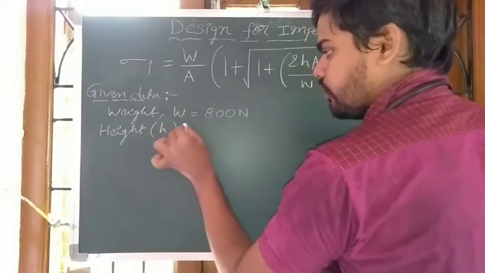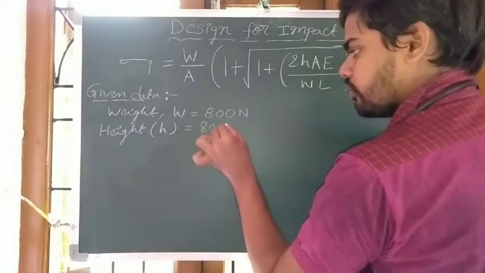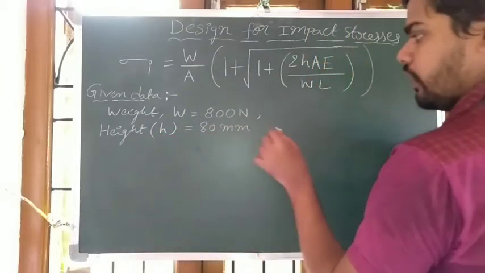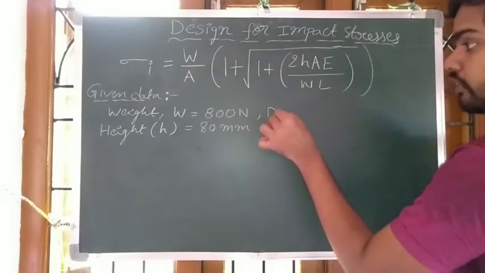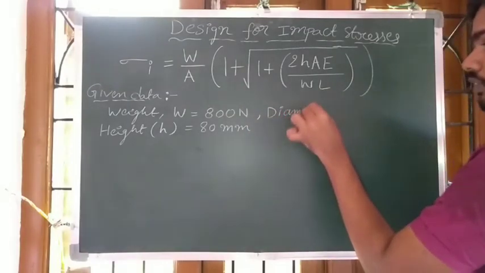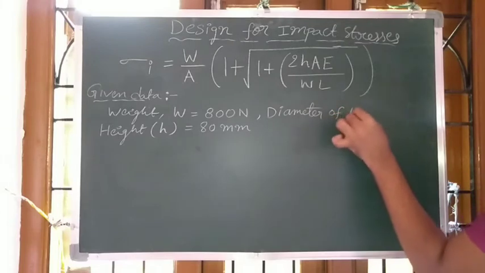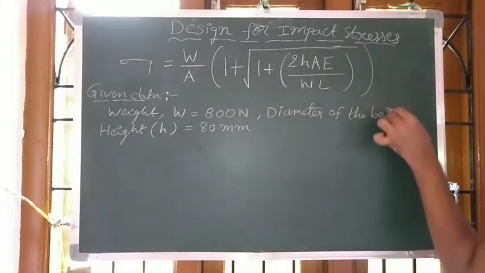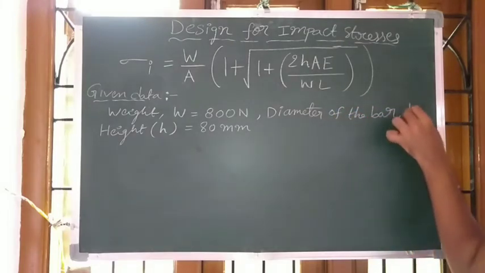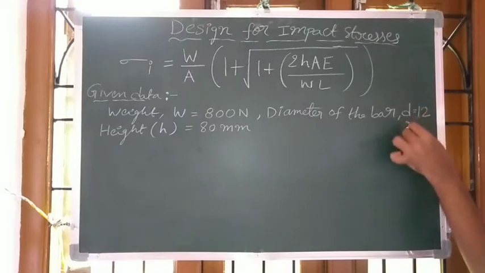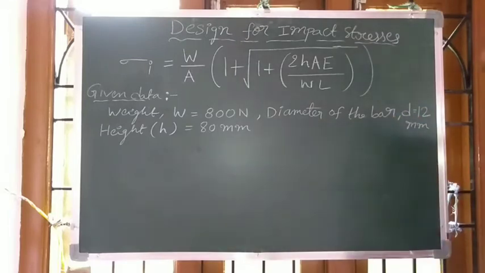That height H is equal to 80 mm. And the diameter of the bar is also given. So what is the diameter of the bar? D is equal to 12 mm. Please make a note, 12 mm.